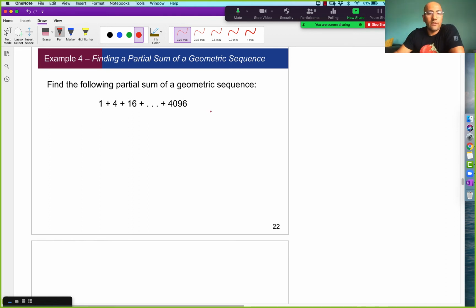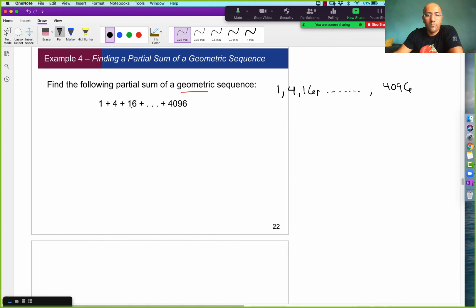The first thing we have to do is notice that they told us it was a geometric sequence, so that's very powerful. It means that the underlying sequence of values is geometric. So if we think about the sequence 1, comma 4, comma 16, dot dot dot, and somewhere down the line we have 4096, this is a geometric sequence.